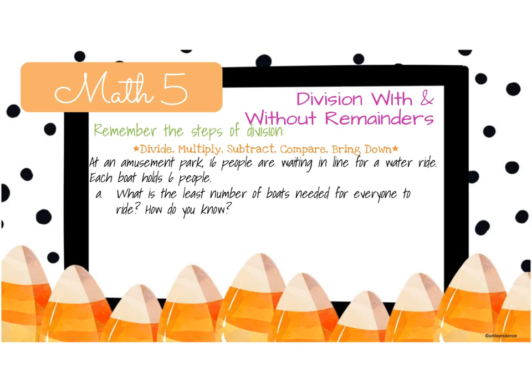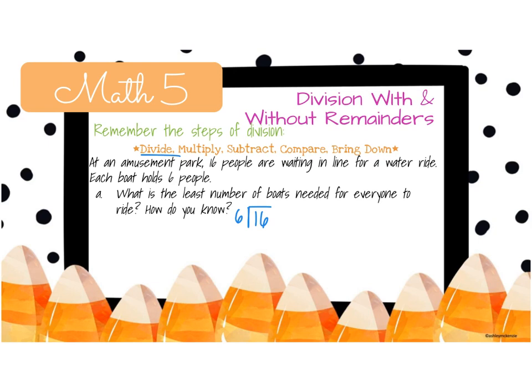Okay, how can we solve this? There's 16 people waiting. Each boat holds 6. What would I need to do? 16 divided by 6. Okay, hold on. If I didn't just call on you, please make sure that you're quiet and listening. So she told me we are going to do 16 divided by 6. First step, divide 6 into 16.